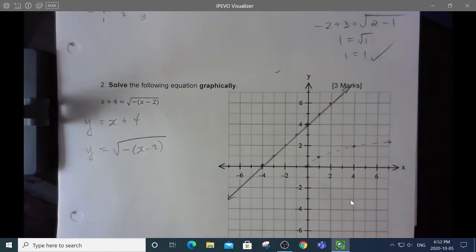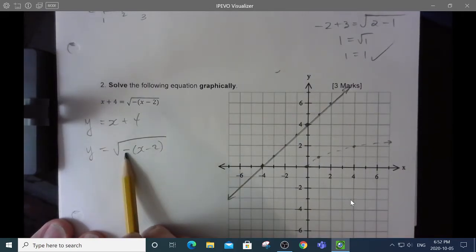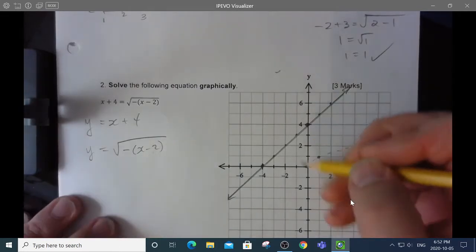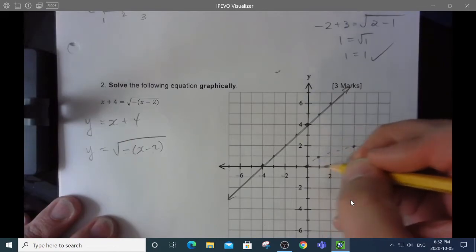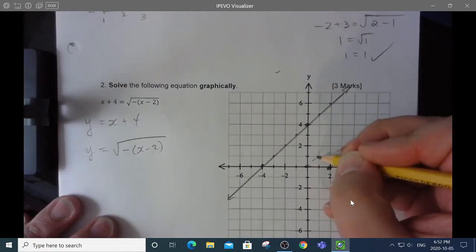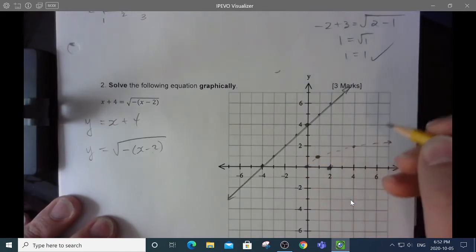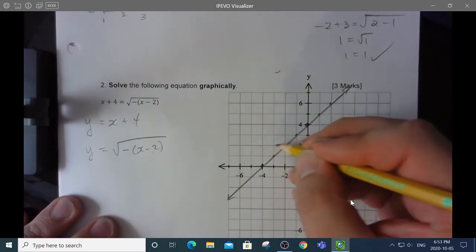Now, these three dots are going to get reflected in the y-axis and then moved 2 units to the right. So I'm going to reflect in the y-axis, done, then move 2 to the right. 1, 2. There we go. I'm going to reflect in the y-axis and move 2 to the right.